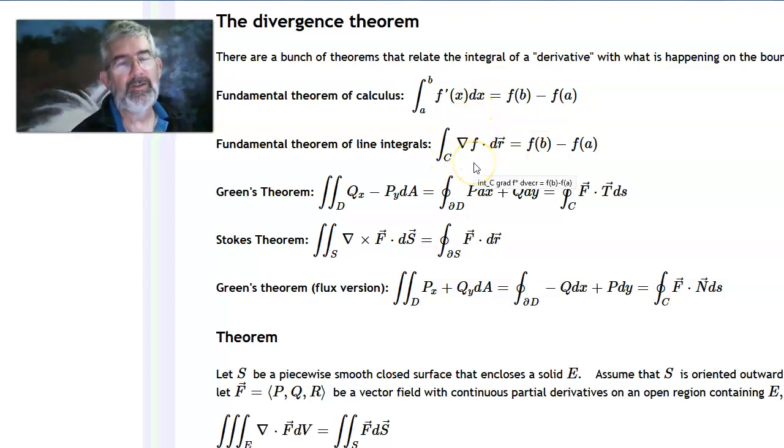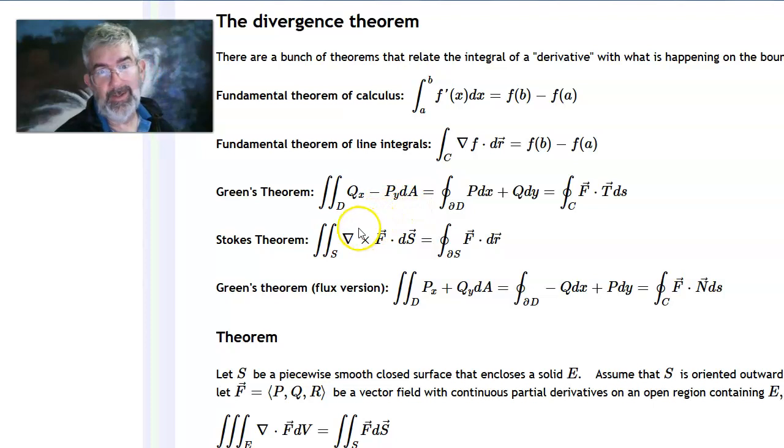It looks a lot like the fundamental theorem of calculus. It's just that instead of integrating over a straight interval, you're now integrating along a curve in the plane or in space. Okay. Then we moved on to Green's theorem, and Green's theorem was the double integral over D of Q sub x minus P sub y dA equals the line integral around the boundary of D of P dx plus Q dy.